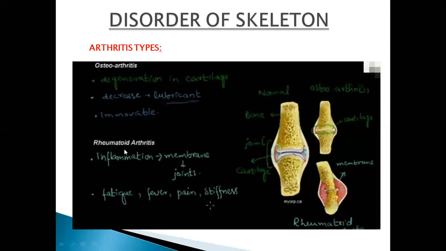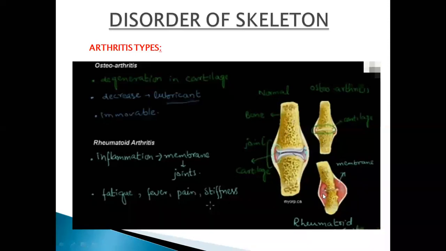Next to them is rheumatoid arthritis, in which there is inflammation of the membrane. Okay, beside cartilage, there is also one membrane which is present in the area of this joint between two bones. You can see these are two bones. Here, the pink color was of cartilage, and the blue area is showing the membrane area. Or you can see here, this is the membrane area.